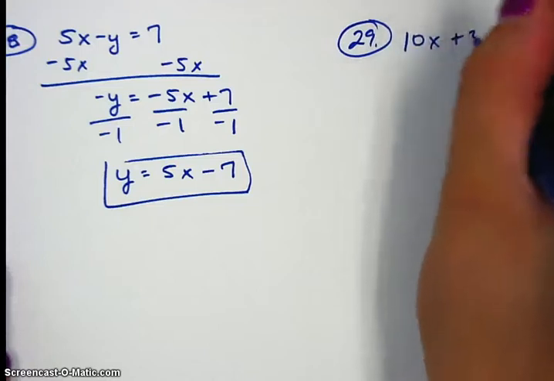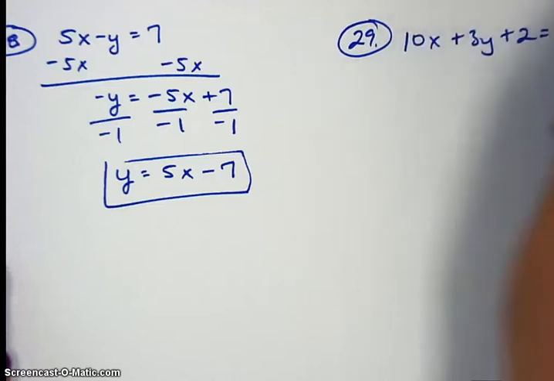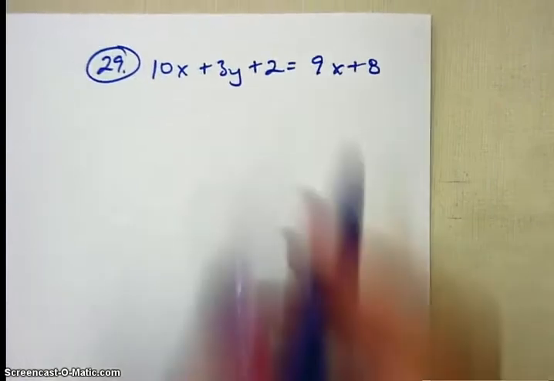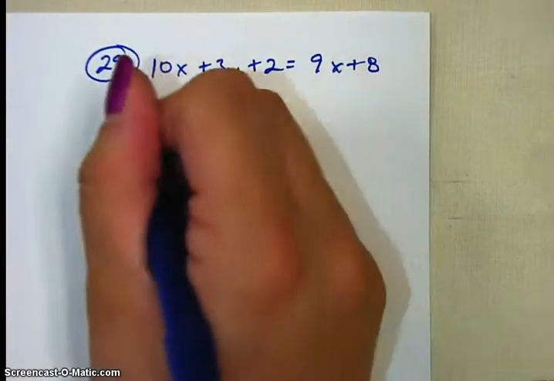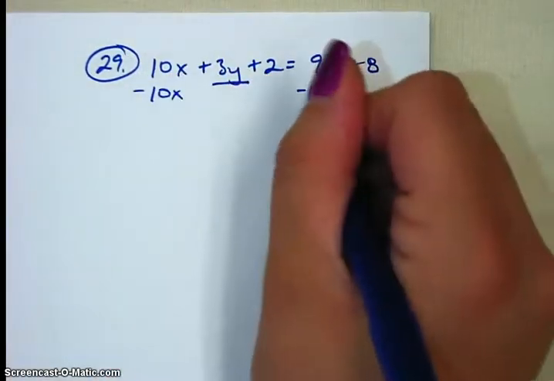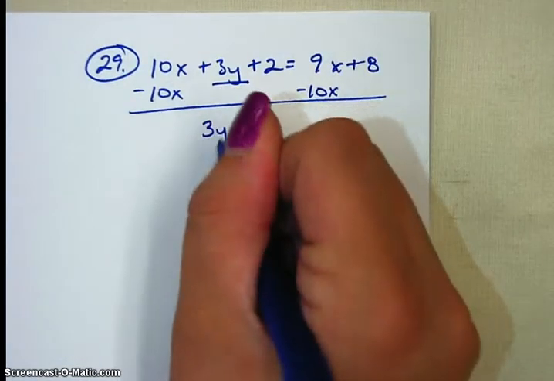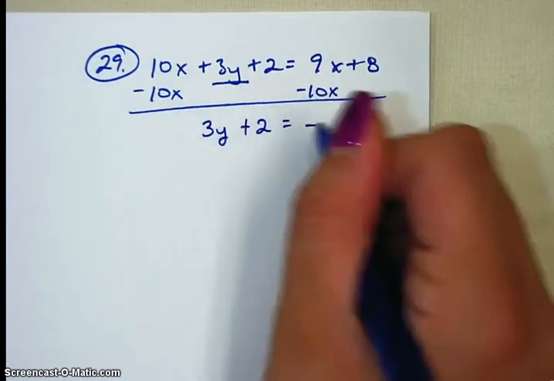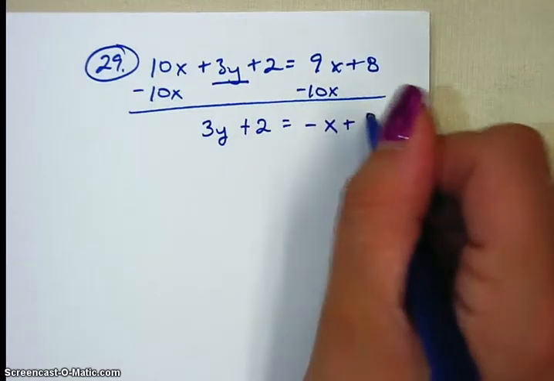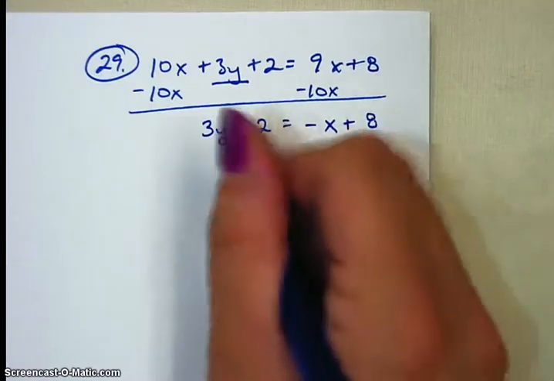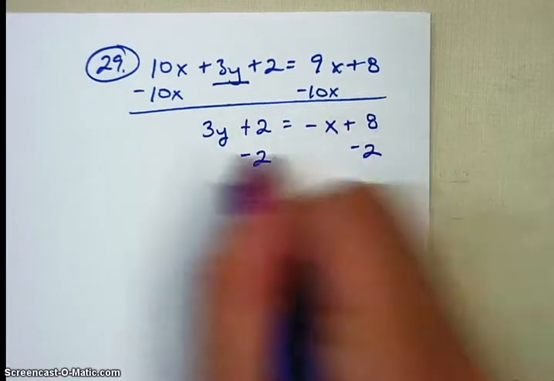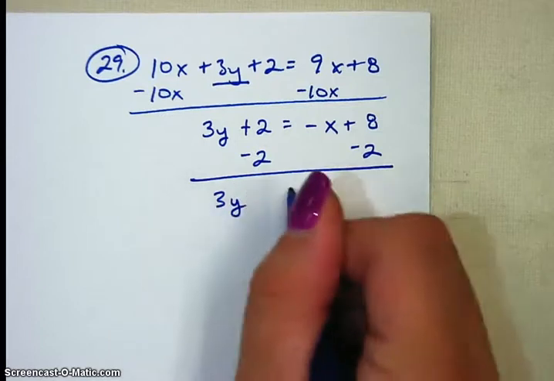10x plus 3y plus 2 equals 9x plus 8. We are solving this for y. So the first thing I'm going to do is subtract the 10x. And notice I'm putting it under the x because they're like terms. So 3y plus 2 equals negative 1x plus 8. I need to get rid of the 2. So once again, taking care of addition and subtraction first.